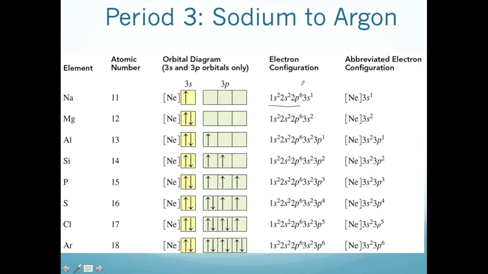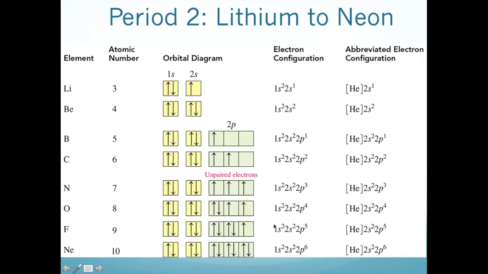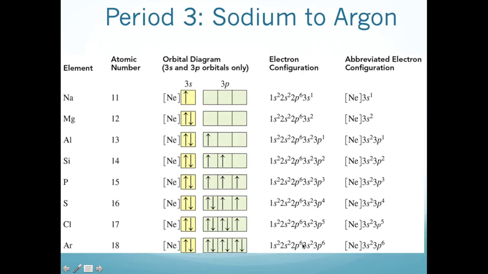Neon accounts for these 10 electrons. Instead of writing 1s2, 2s2, 2p6, which, if I go back a slide, you'll see is the electronic configuration of neon, instead of writing that out fully, we swap that out and write the symbol for neon in square brackets like that, and we just continue from there.